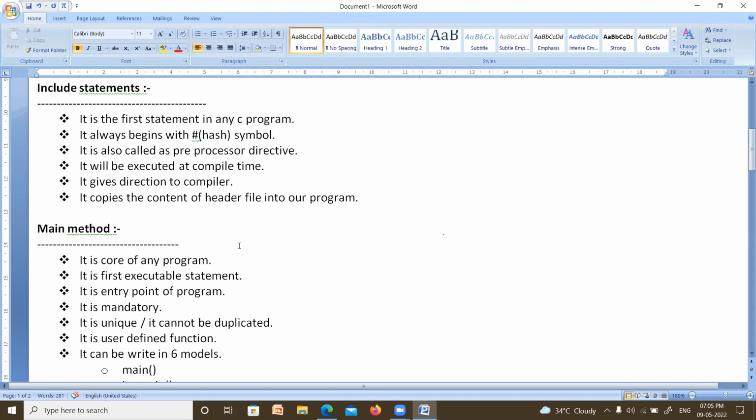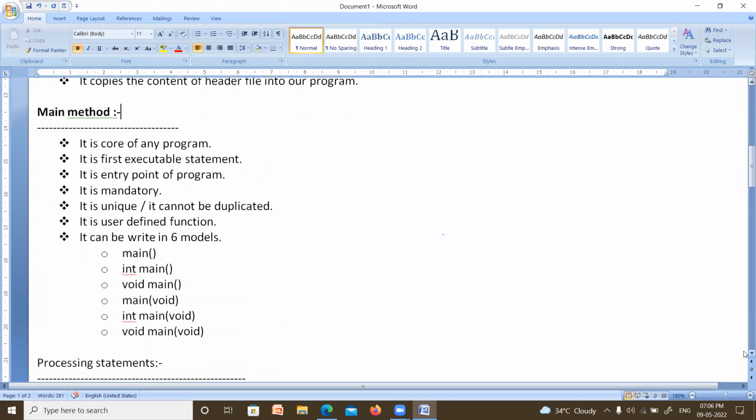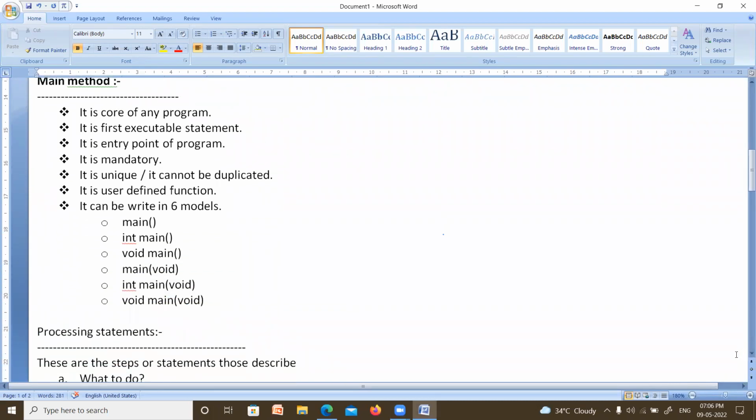How far have you finished? Up to the main method or the include statements? Can you ping a message? All completed. Good, good. Right.